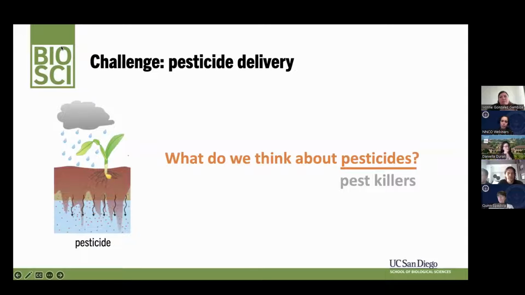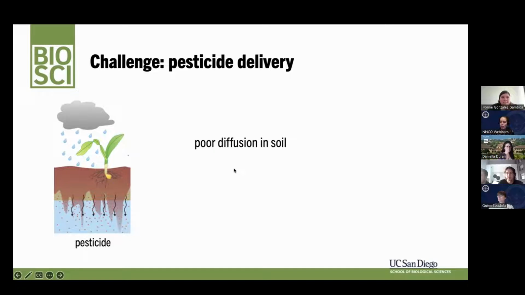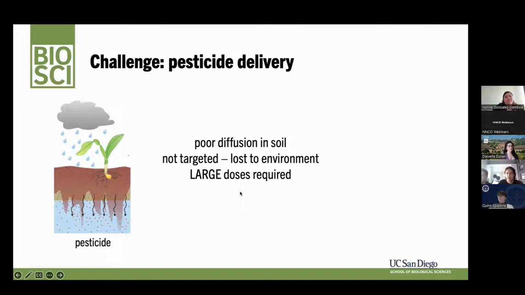So we lose a lot of these pesticides. Since they have really poor diffusion in the soil and they're not targeted, they're lost to the environment, so really large doses are required. In order for them to penetrate the soil, we need them to get aggregated, forming these clumps, in order to get where the pests are, in this case where the nematodes are.